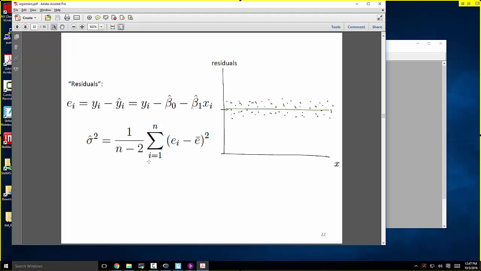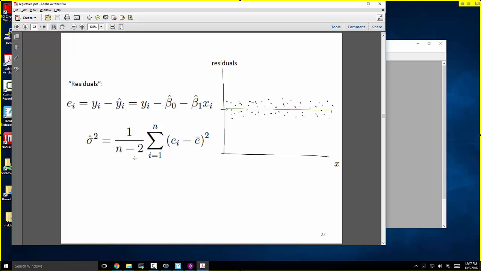If sigma squared is the variance of the residuals, we can compute the residuals and then get a sample variance of them: sum up the squared deviations from their mean and divide by an appropriate number of degrees of freedom. That looks like a sample variance, the sum of the (y_i minus y bar) squared divided by n minus 1. That's what Stats 101 calls a sample variance. This is just like that, just like a sample variance of the residuals.